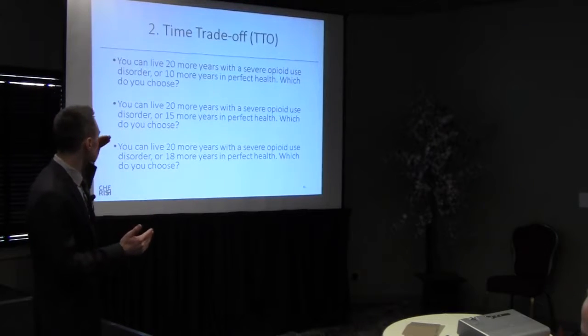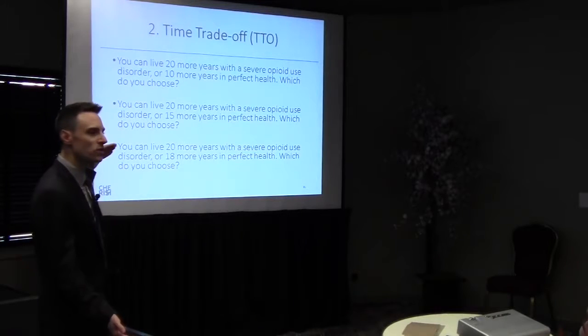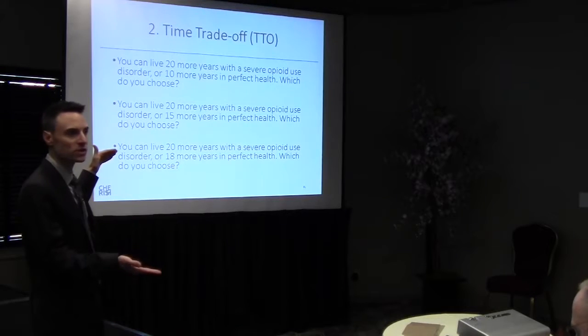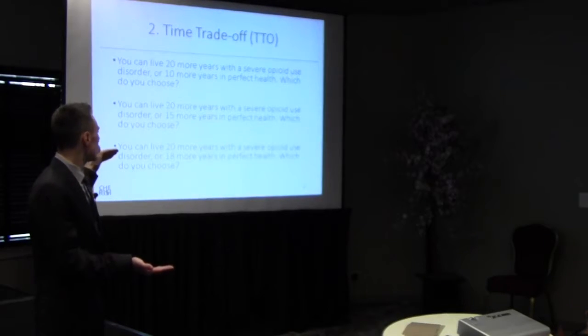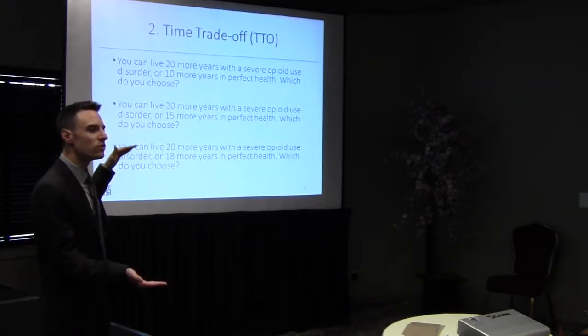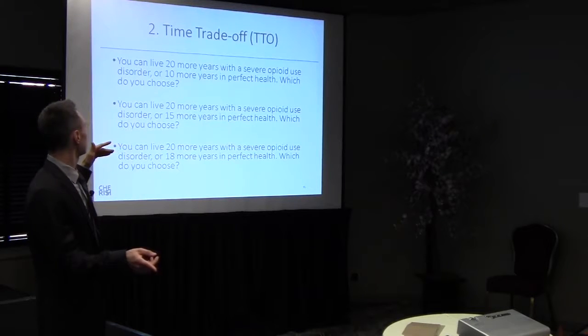So if they say they would choose one or the other, we'd say, okay, well, what if you could live 20 more years with a severe opioid use disorder, or 15 more years in perfect health? Which would you choose? And we'll just keep adjusting that lower number until we find that they are indifferent. Okay, so next.